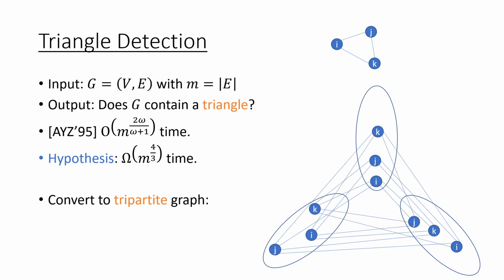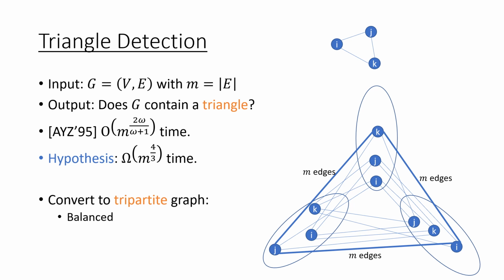So a triangle in the original graph becomes a bunch of triangles in the tripartite graph. Also, it is not too hard to see that the reverse is true as well, since a triangle in the tripartite graph must correspond to a triangle in the original graph. This means that the triangle detection problem in tripartite graphs is equivalent to the triangle detection problem in general graphs.